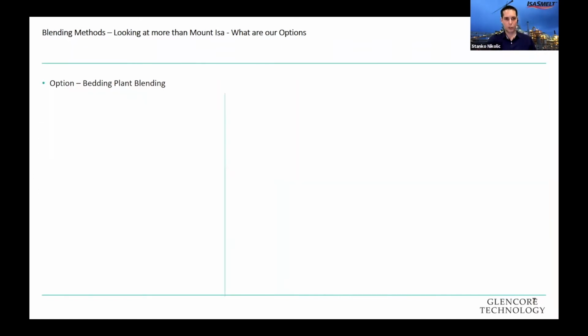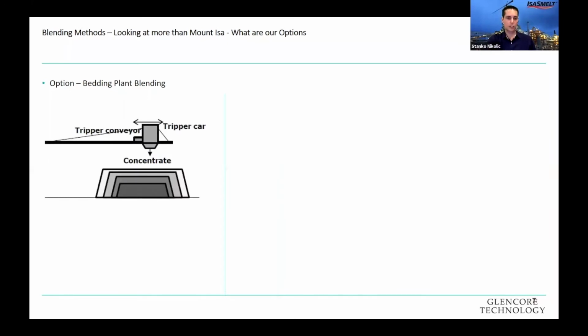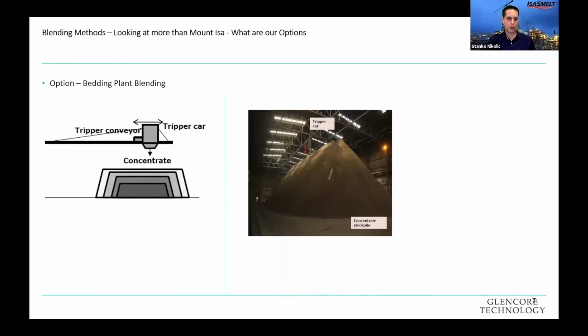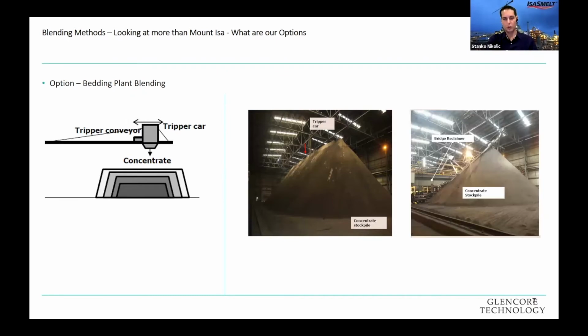You can also have inline systems. So we have this at our zinc lead operation. There's also a couple of other ISASMELTs that use this inline stacked blend as well, where a tripper car just moves vertically, creates these layers of the particular blends, and then it's made sure that when it's cut, it then results in a consistent feed to the smelter.